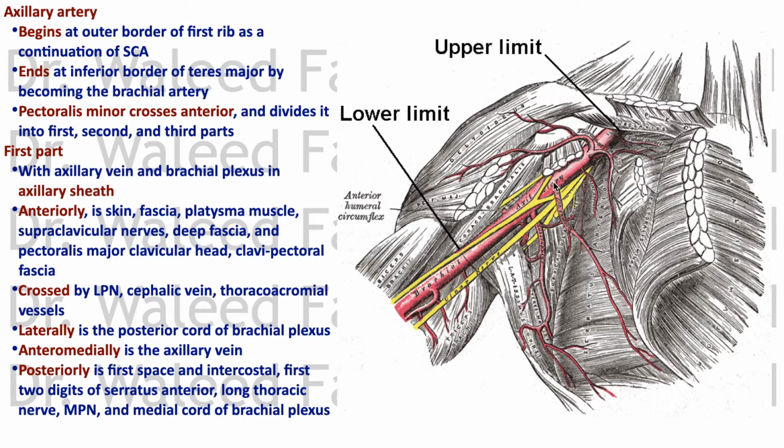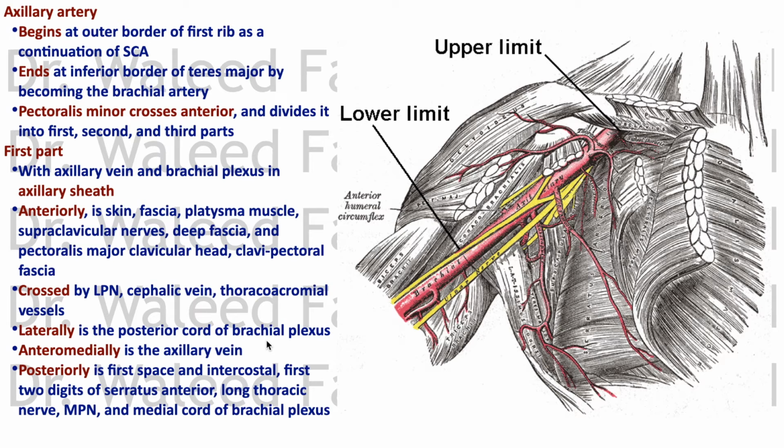Then in the second part, with further descent of the artery, it becomes in the middle: the lateral cord lateral, posterior cord posterior, and medial cord medial. In the first part, the posterior cord was lateral, still lateral, before the complete descent of the axillary artery. So laterally, it's the posterior cord of the brachial plexus.